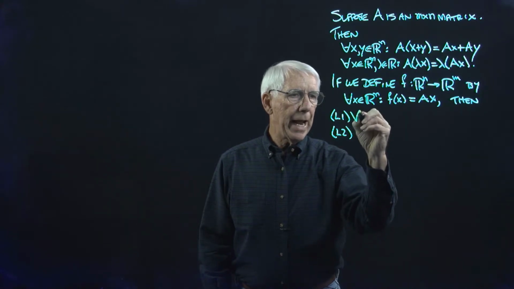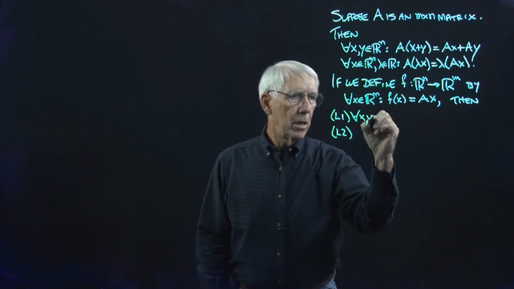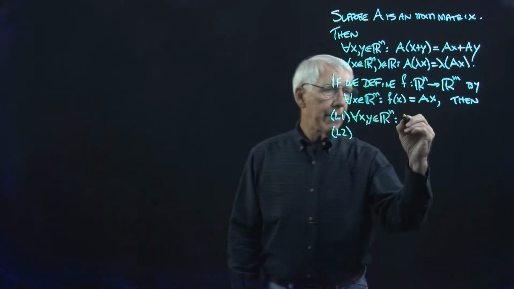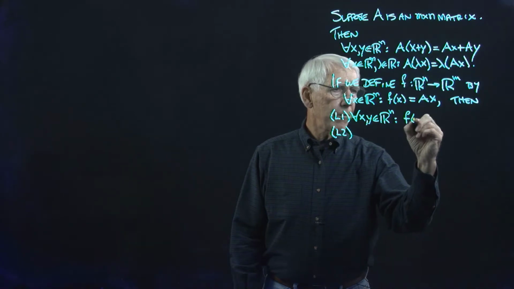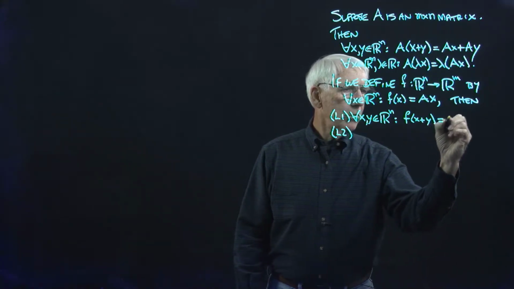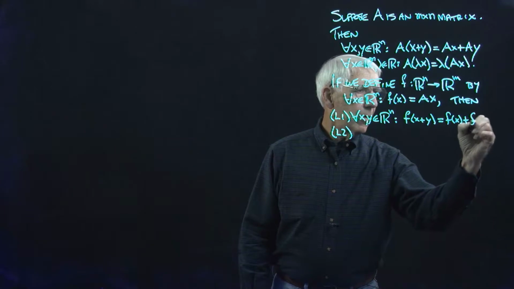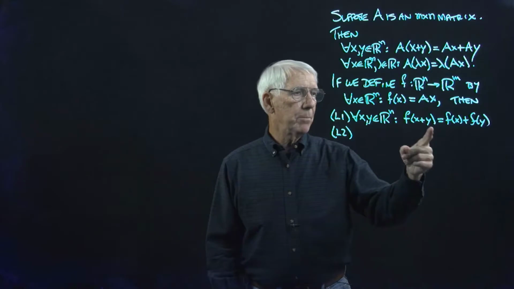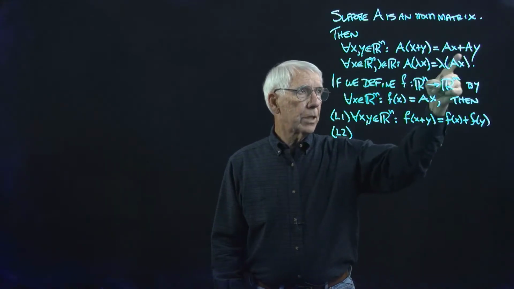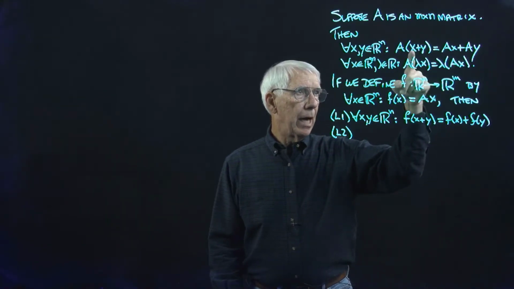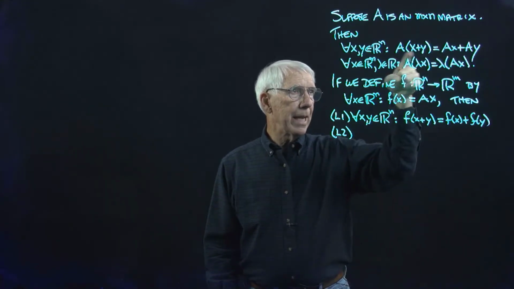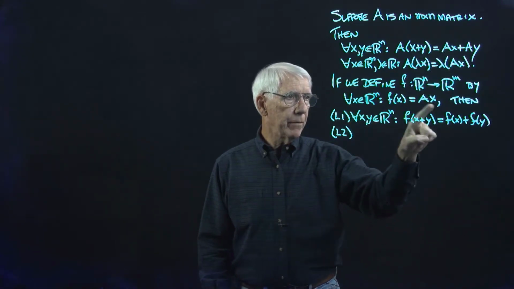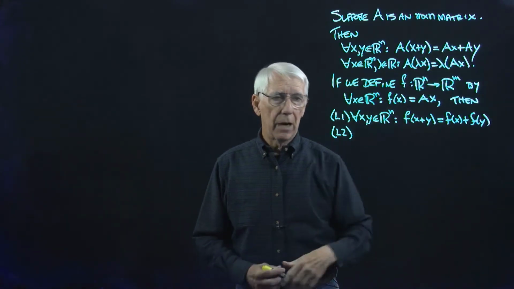And so here we have, for every x and y in Rn, f of x plus y is equal to f of x plus f of y. And of course, that is just simply rewriting the first equation up here because f of x plus y is A times (x plus y), and f of x plus f of y is Ax plus Ay, given that this is how we've defined our function f.